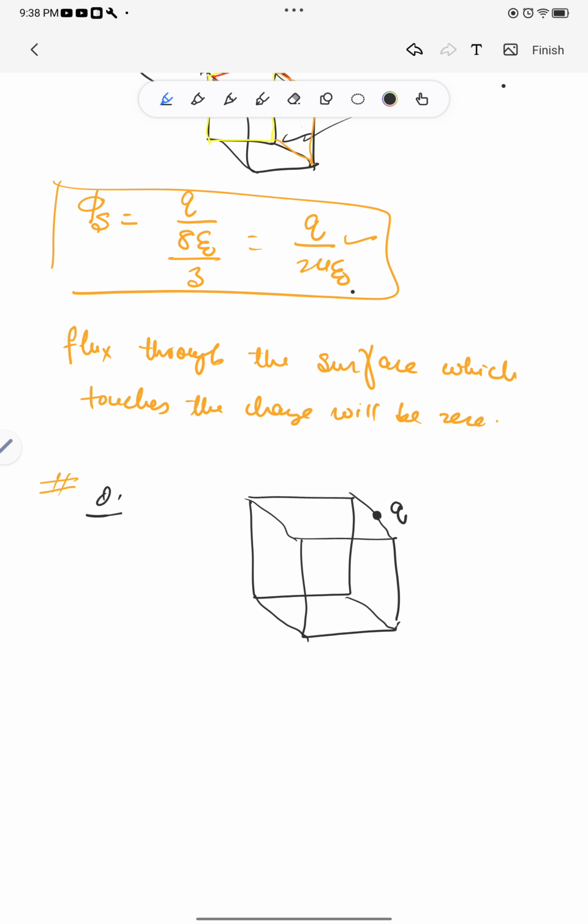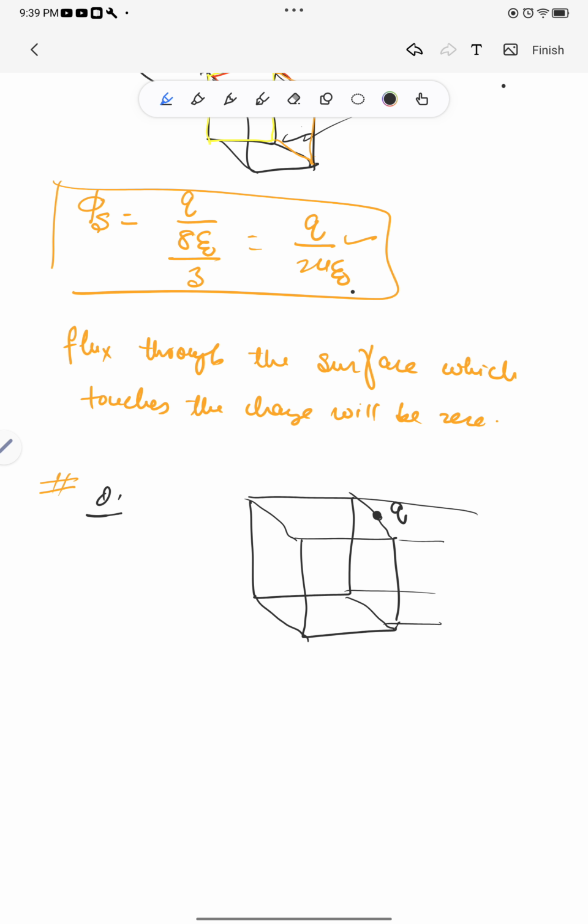Now to cover this charge q, how many cubes like this do we require? We will require a total of 4 cubes. One cube at this side, and 2 more cubes will be above this charge. So a total of 4 cubes will be required.